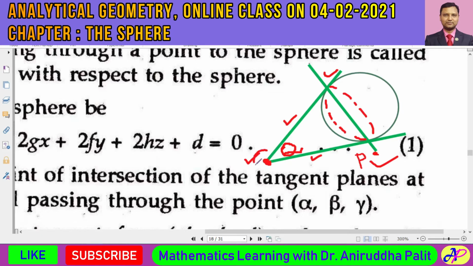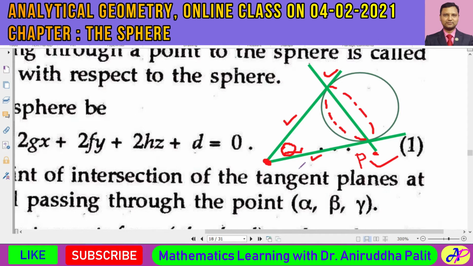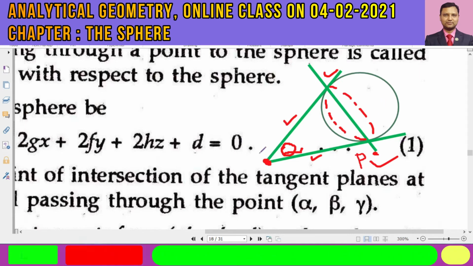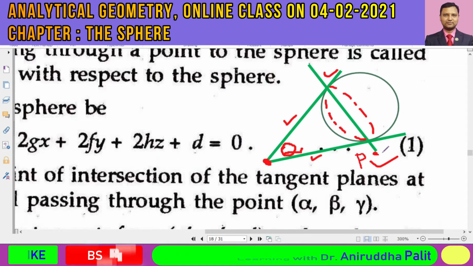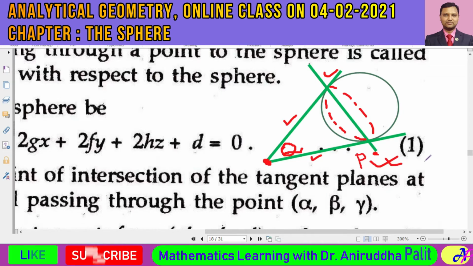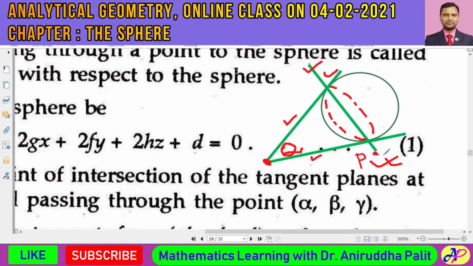Taking this point Q as a vertex, we can generate a cone where this curve would be the guiding curve and Q would be the vertex. And now if you fix this point P, we can change the position of this plane passing through this point P.